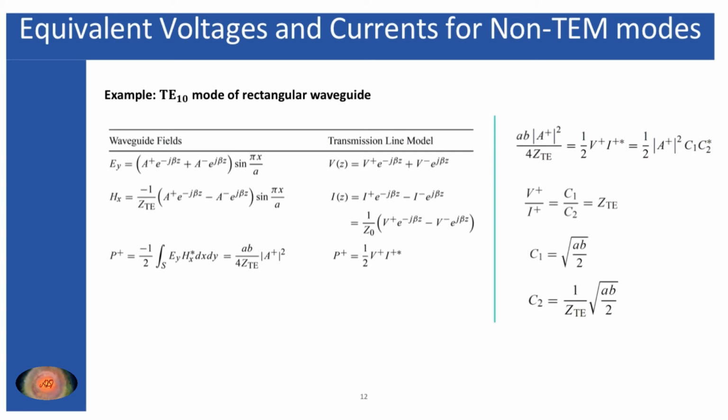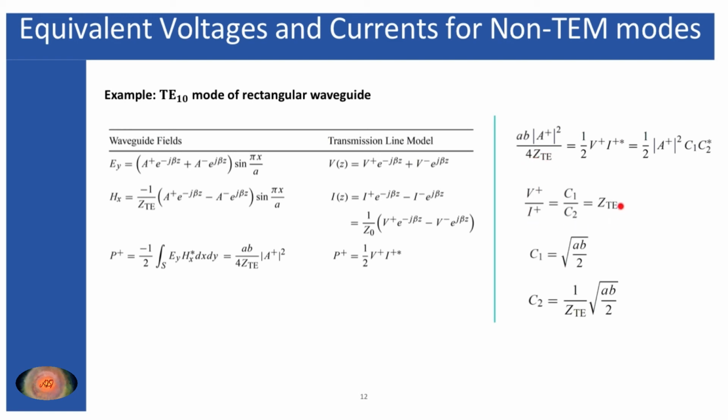On the other hand, this expression can also be equated with this equation. Therefore, from this equation, the magnitude of A plus squared cancels out, and you get the expression for C1 and C2 conjugate related to these dimensions and the wave impedance of the TE10 mode.